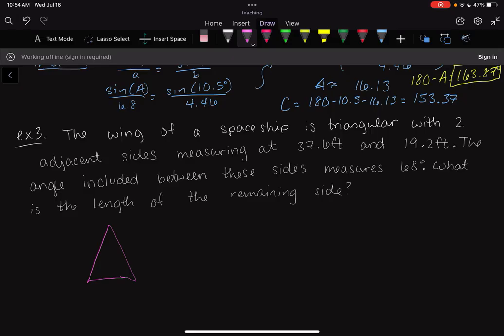And it really doesn't matter where we put that. You could have put them wherever you want. But they're adjacent, so they need to be next to each other. Now the angle included between these sides measures 68, so it's got to be between them. And we're looking for the length of the remaining side, so I'll call that x.